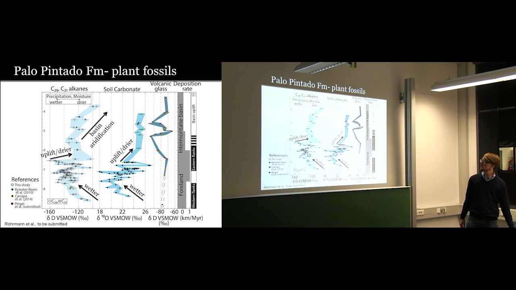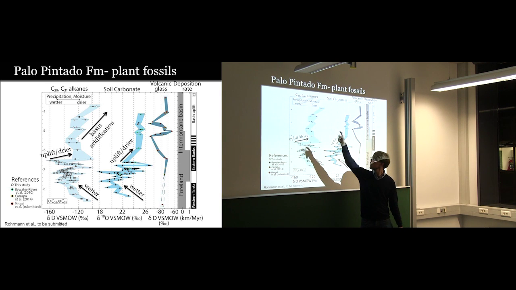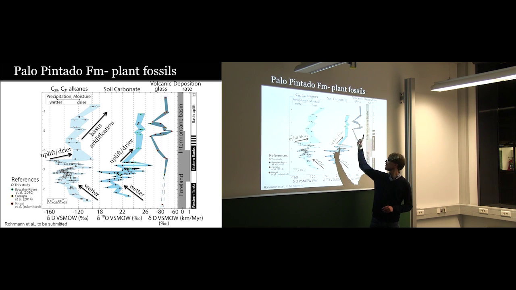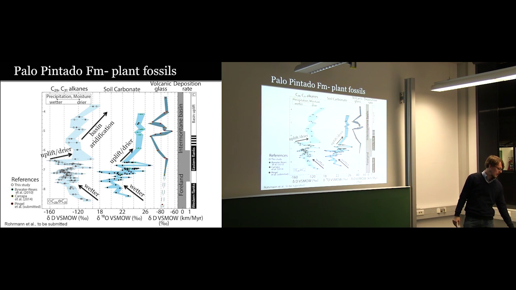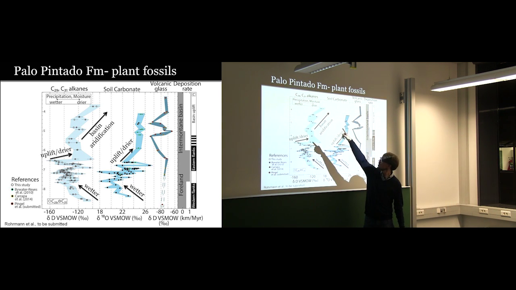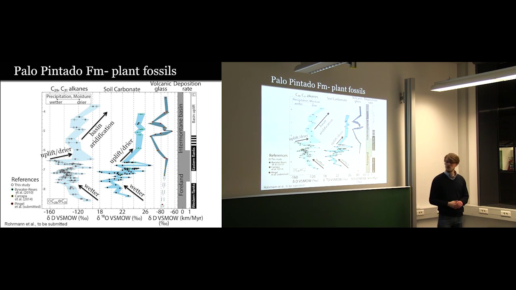However, at a certain point, you see a very large shift, especially in the biomarkers, and you see this shift also in the soil carbonates. Here we have much better resolution, so you see it much better in the record. And later on, you see a further basin aridification, especially shown in these lipid biomarkers.